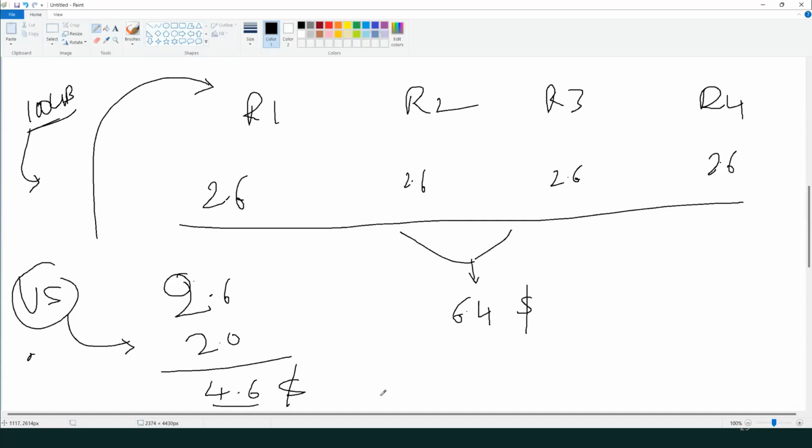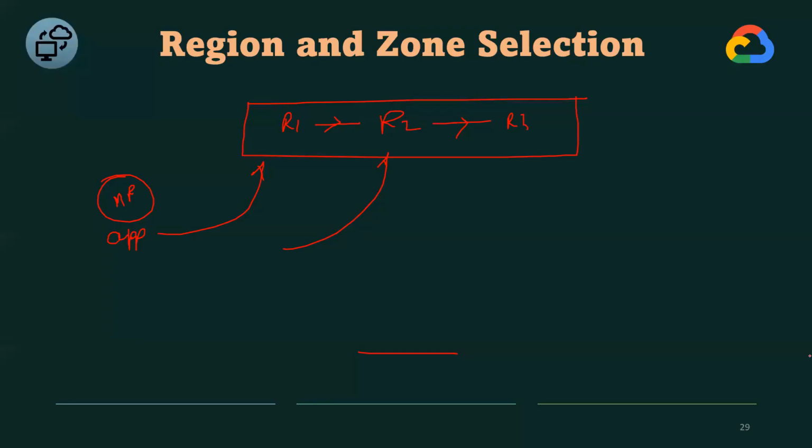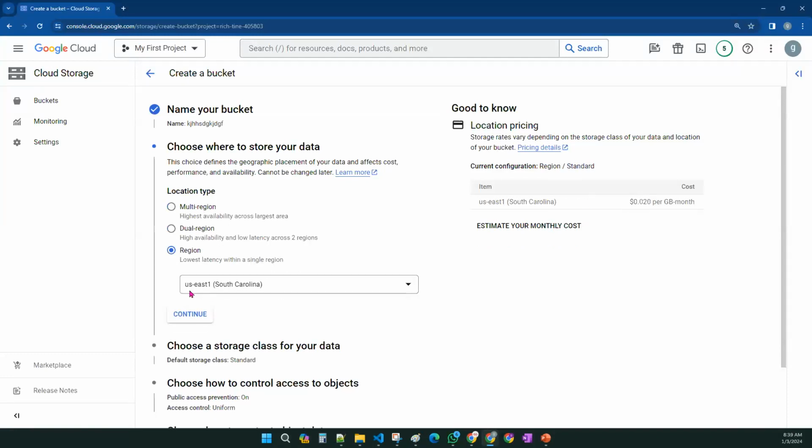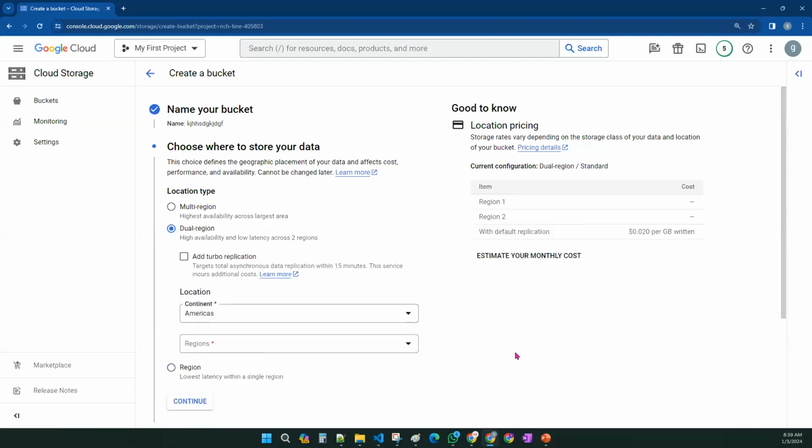But if you give the data to this one and select multi-zones, this is what Google is doing for you. You can go for multi-zones or a single region, single zone. The cost associated is like this. You also have dual region, which means you can select two regions, region 1 and region 2.